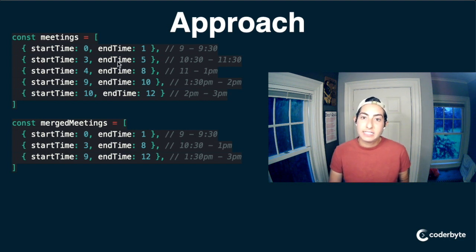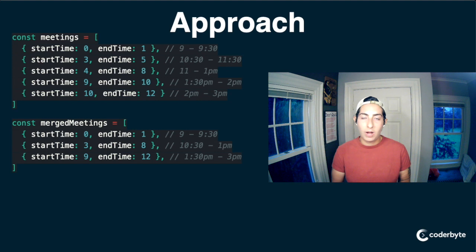So in this case, if this first meeting ended, let's say, at 1:30 or 1:15, it wouldn't in this case because these are blocks of 30 minutes. But if it ended at 1:15, we would entirely just slurp up that second meeting because it doesn't matter. We're taking a range, right?